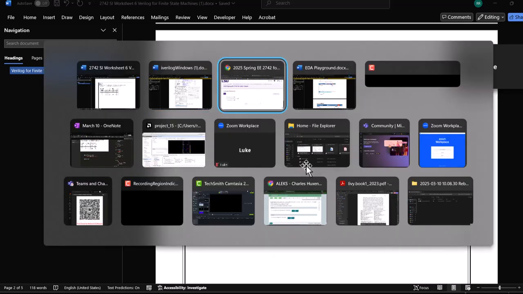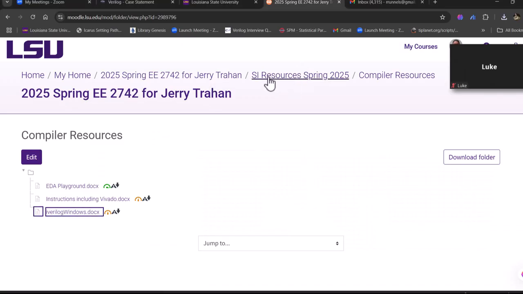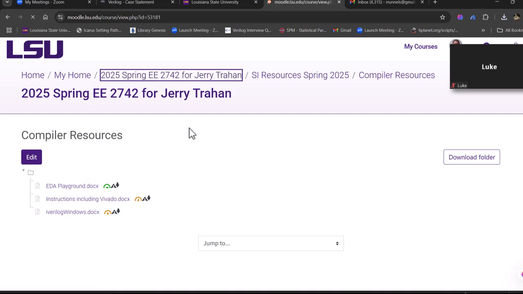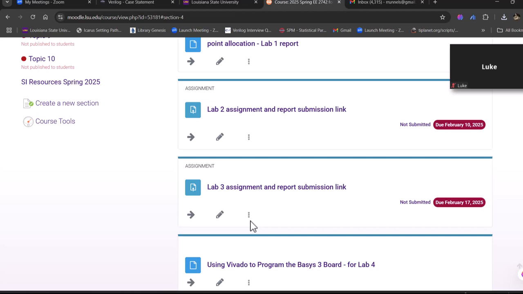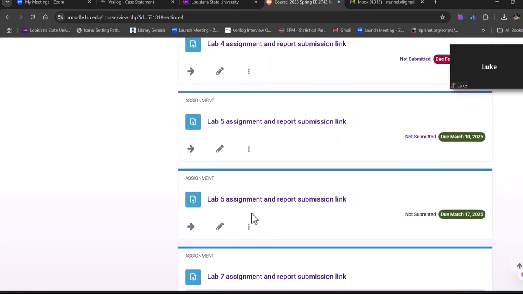All right, so let's take a look at the lab you have to do for tomorrow. The lab you have to do for tomorrow is six.